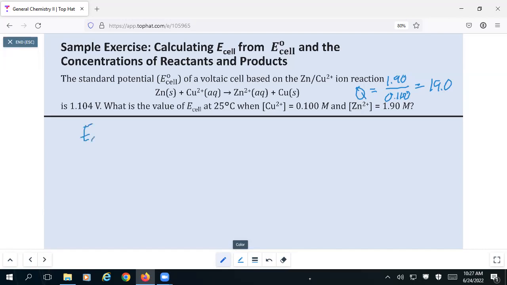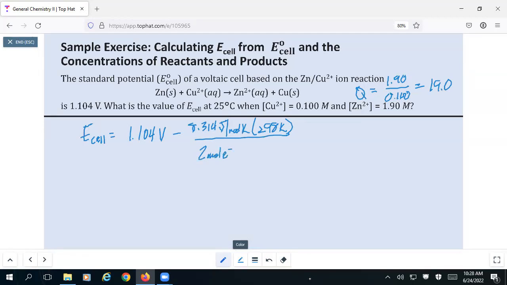So E is equal to 1.104 volts minus 8.314 joules per mole Kelvin times 298 Kelvin over 2 moles of electrons.